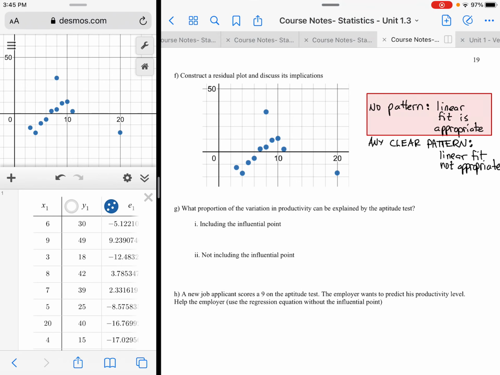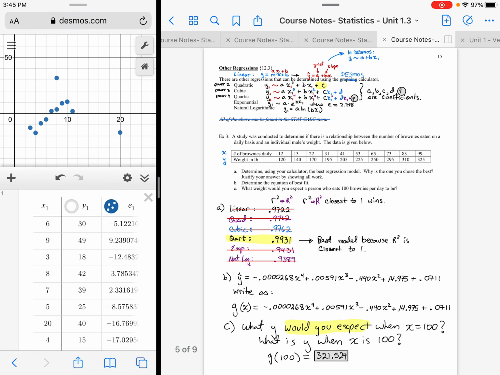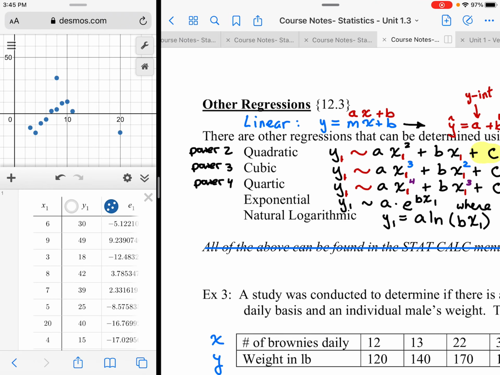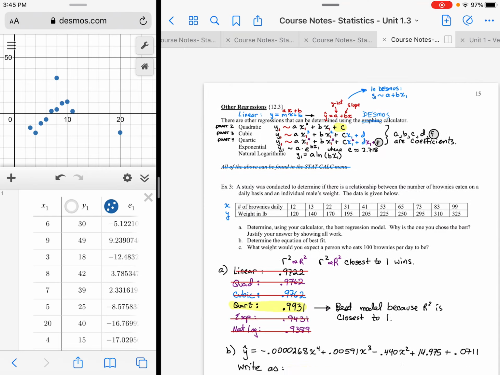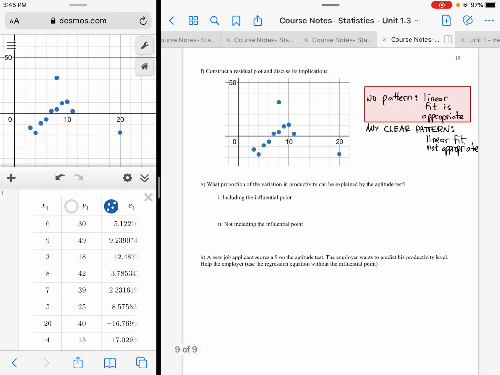So it's a quirky aspect to residual plots, but it's something that you need to be able to recognize. Because we talked about this for the other types of regression models, whether or not a linear model is a good fit is really important, because you don't even have to look at these other possibilities if you've concluded that a linear model is appropriate for a data set. I can't emphasize that enough.